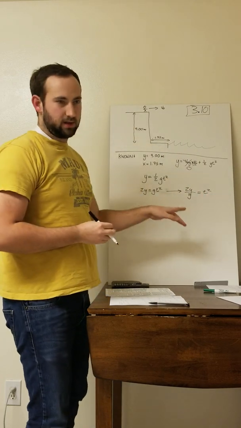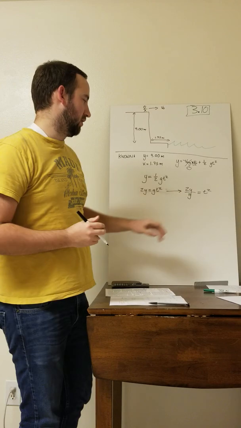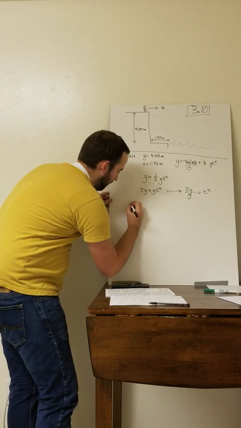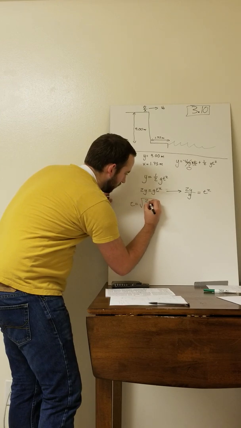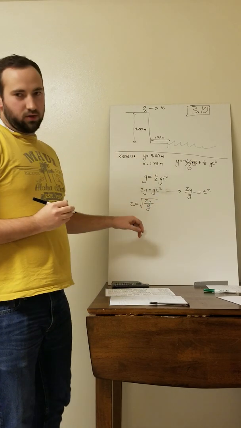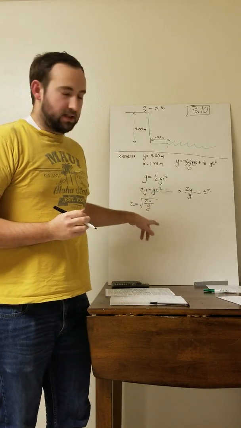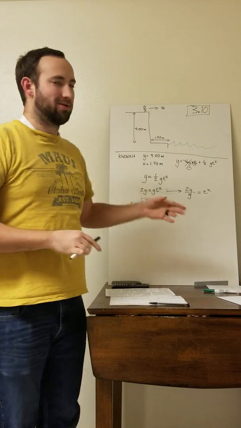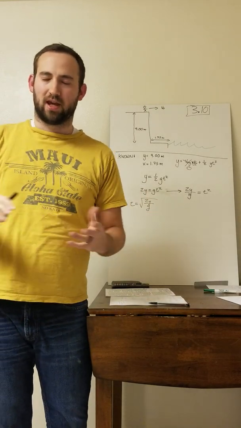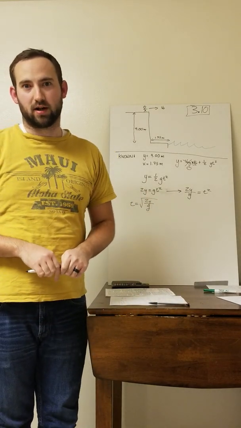Now we just take the square root of the whole left side, and we end up with t. Now that we've isolated t, let's plug in the numbers, because that was a lot easier than trying to do all the math with canceling out and getting everything over to the right side.